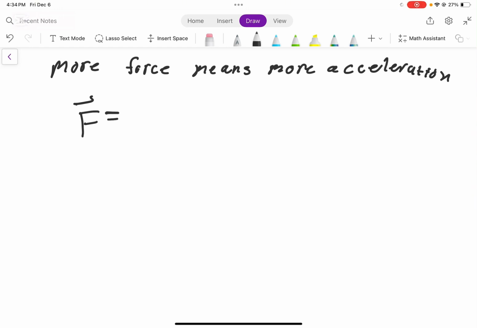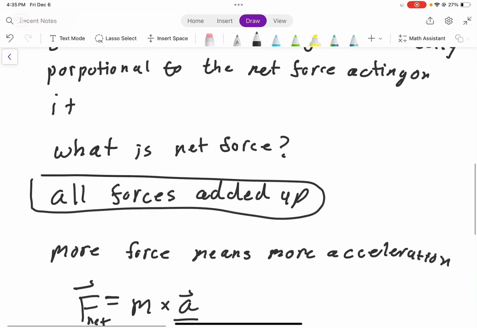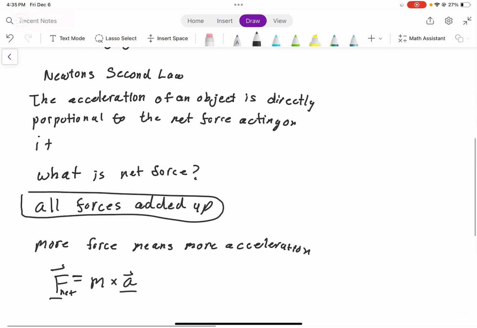But for this case, we're going to put net force. So force net is equal to mass times acceleration. Next we'll talk more about the units, what this force means, what this A means, how they're all proportional. But that's just what Newton's law is right now. His second law is that acceleration of an object is directly proportional to the net force acting on the object.